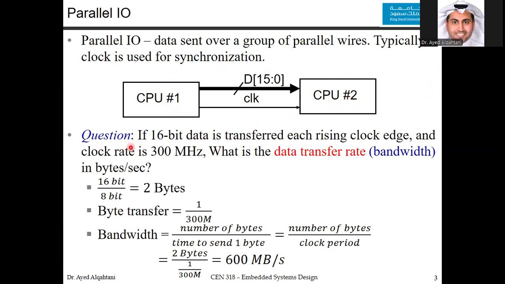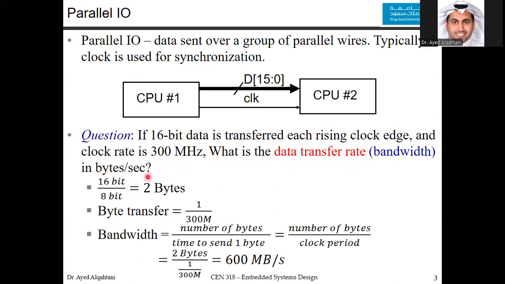This is a question to understand how the parallel communication works and the effect on bandwidth. If a 16-bit data is transferred each rising clock edge, and the clock rate is 300 megahertz, what's the data transfer rate? The data transfer rate, we call it the bandwidth. This bandwidth is required in bytes per second.